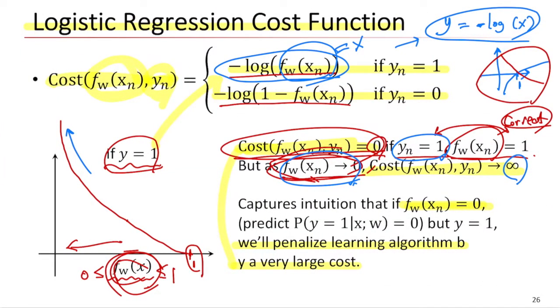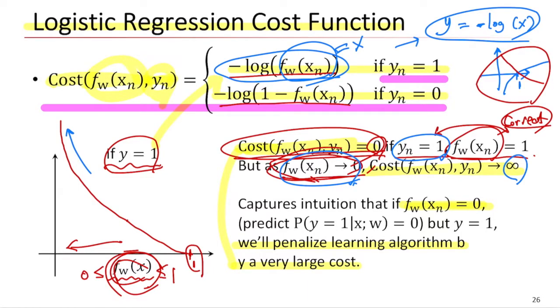So we introduce a new cost function defined as follows. In case of yn equal to 1, the cost function looks like this, and for yn equal to 0, the cost function looks like this. The property of this cost function is something like this.